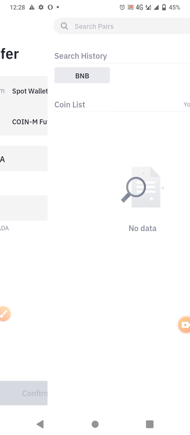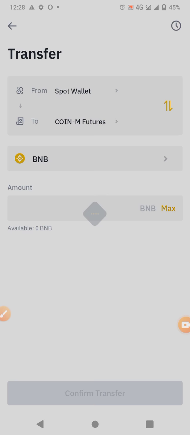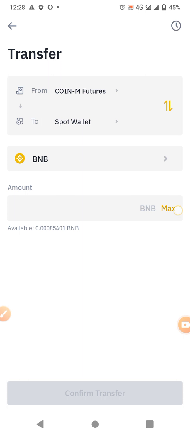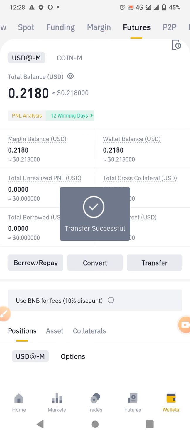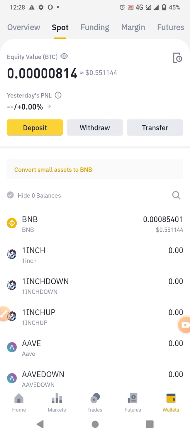Let me say I want to transfer my BNB back. I can just easily transfer it back, and sell it to someone else. Just picture this, you are seeing a whole amount of profit that you can sell outside. So that's that about trading features.